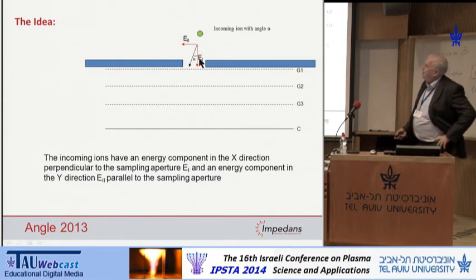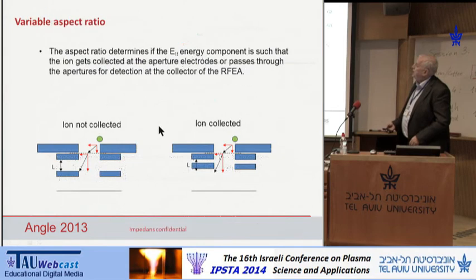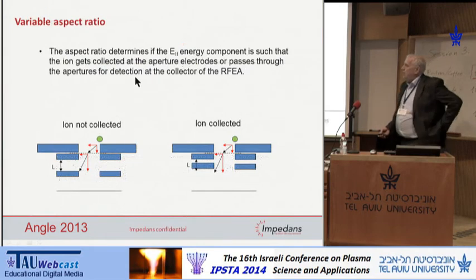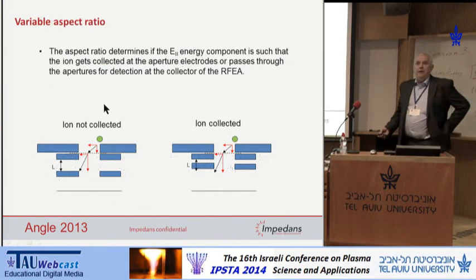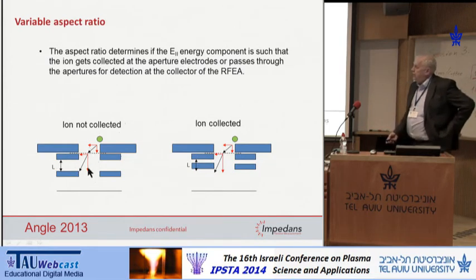So how do we measure both the perpendicular energy and the parallel energy of an ion with a standard gridded energy analyzer? Well, one way to do it, and this way is well known, is to change the aperture ratio of two gridded systems. So you can have a long aperture here, then an ion coming in at a particular angle will only get through if it has a certain angle.